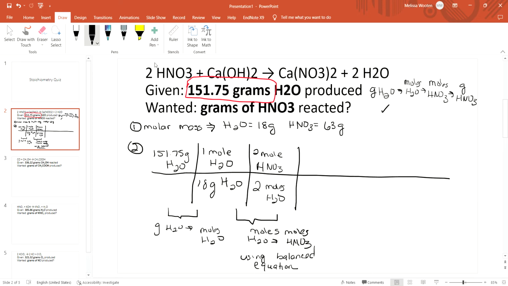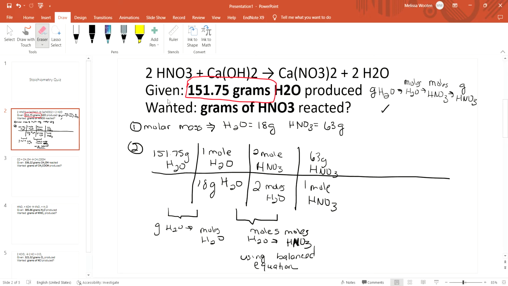Okay, and now we have to go from moles of HNO3 to grams. So we know for every 1 mole of HNO3, according to the molar mass we already have, that's 63 grams of HNO3.